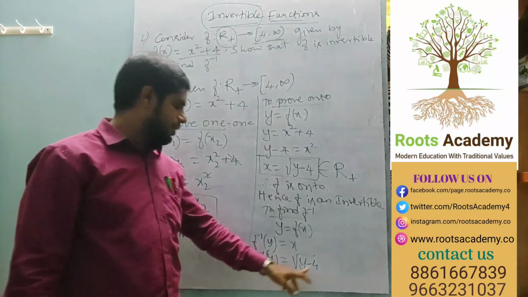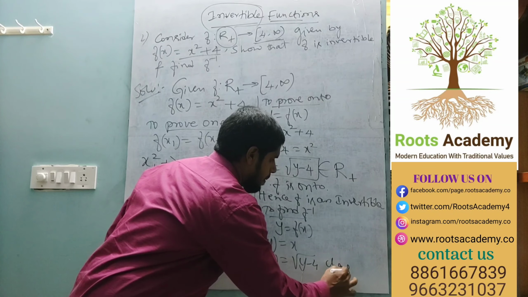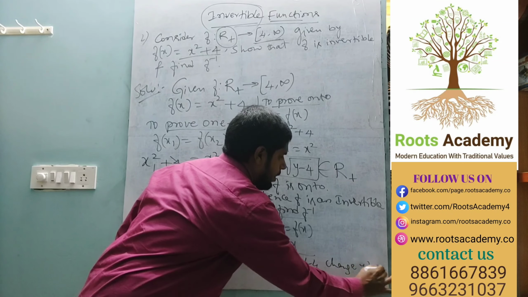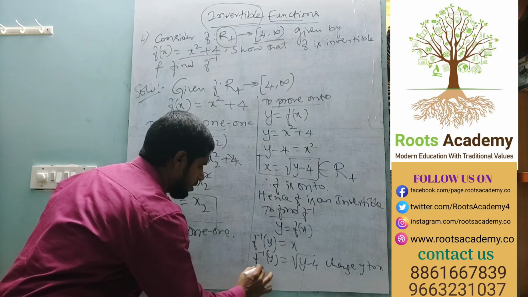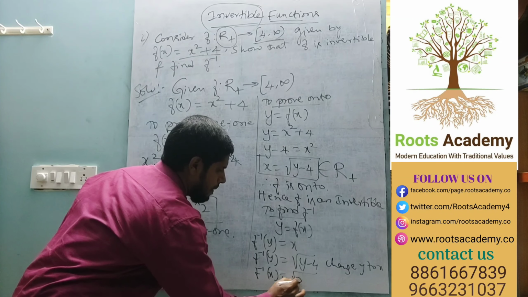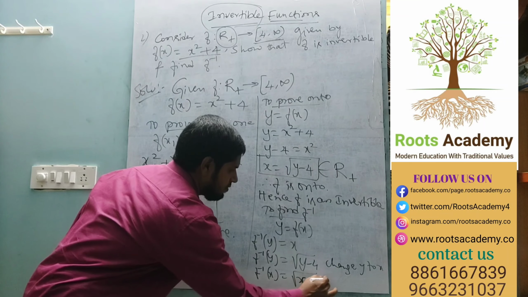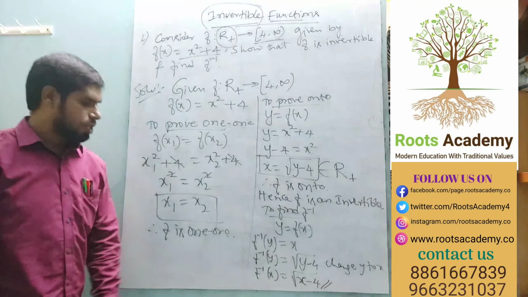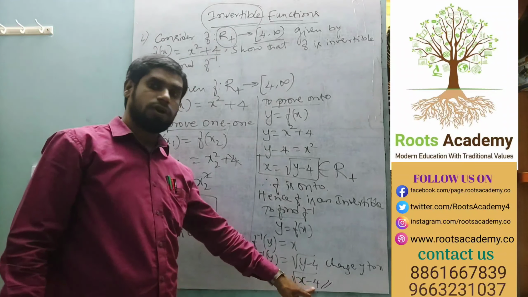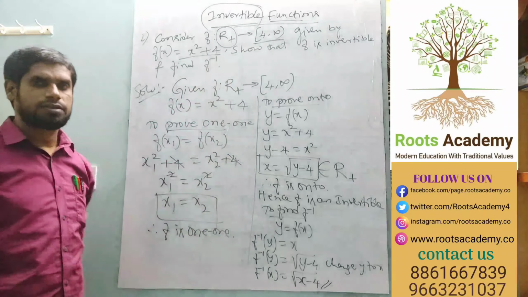If I change y to x, then what I will get? Change y to x. So the final answer is f inverse of x is equal to root of x minus 4. Student, root of x minus 4 is the inverse of the given function.